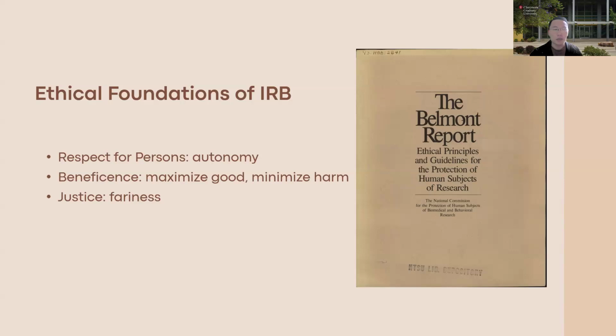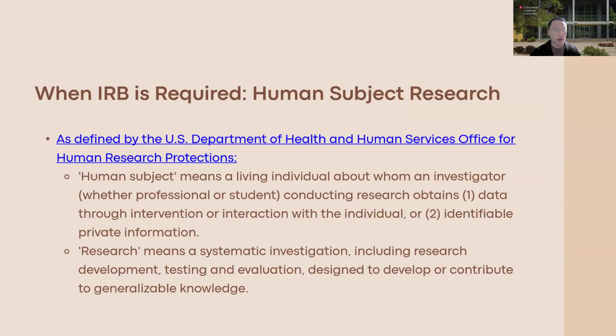So next, I want to talk more about what the IRB is and when IRB review is required, since sometimes even these basic questions get misunderstood. So IRB review is required when there is what we call human subject research, and there is a very strict definition of what is considered human subject research, as defined by the U.S. Department of Health and Human Services Office.